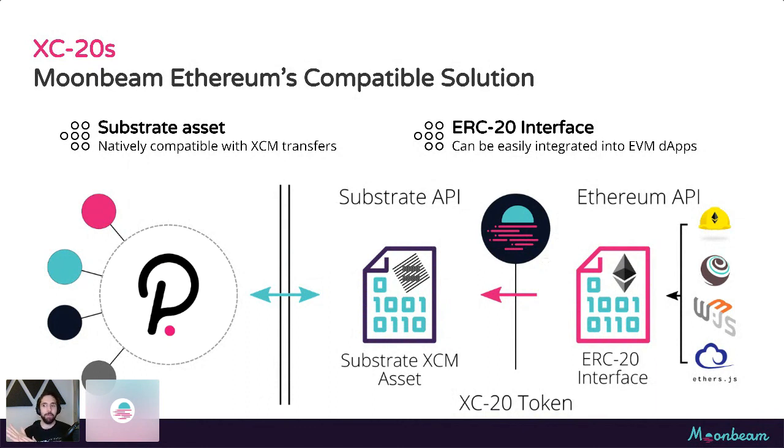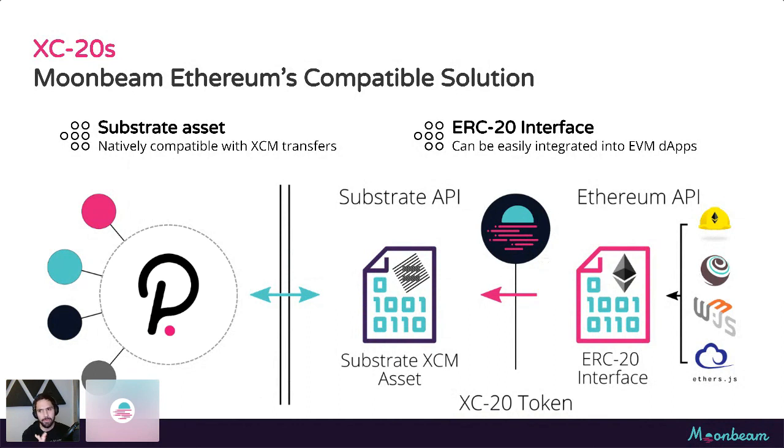I would say that one of the main differences between an XC20 and an ERC20 is that XC20s are subject to governance. It's really hard to say that this would happen, but if there's a governance action saying I want to double the amount of this specific XC20, XC20s are actually volatile to governance actions.